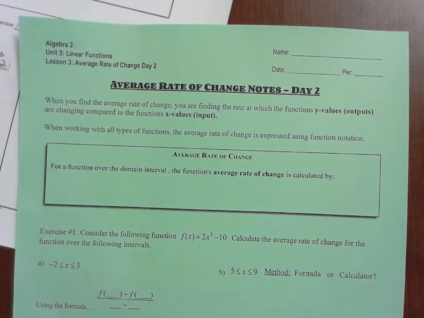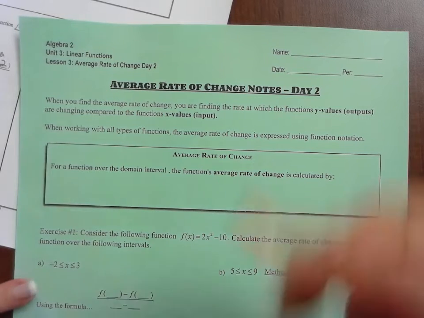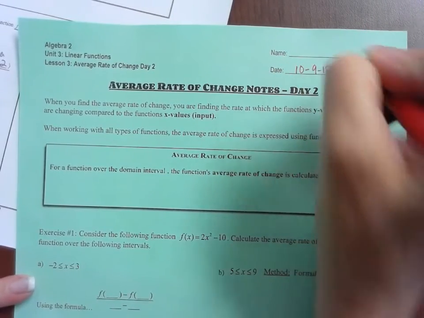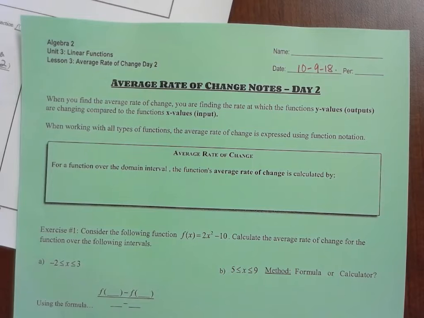Yesterday we did average rate of change with graphs. Today we're going to do it using equations if we don't have the graphs. Keep in mind your average rate of change is the rate at which your output compares to your input, because that's all slope is, a ratio.